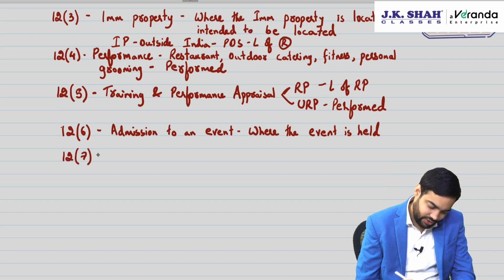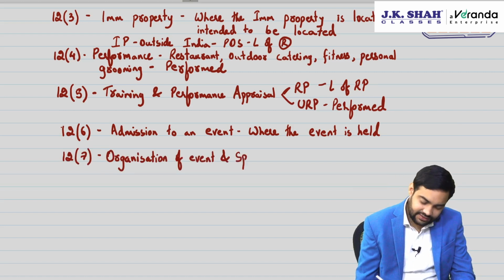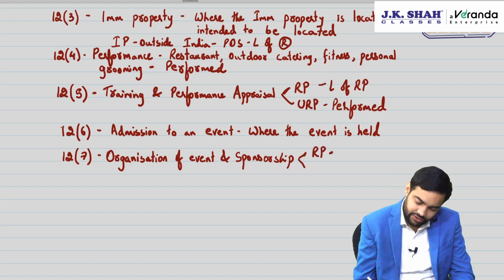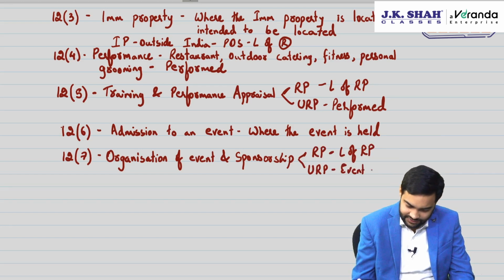12.7, very important, it deals with organization and sponsorship. Organization of event and sponsorship. Are these services important for the business? Obviously, yes. So that's why there are two parts. If it is provided to RP, location of registered person. If it is provided to an unregistered person, then where the event is held.